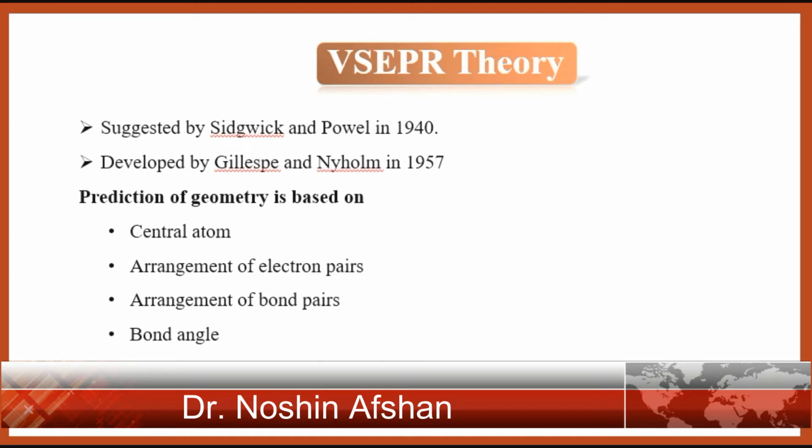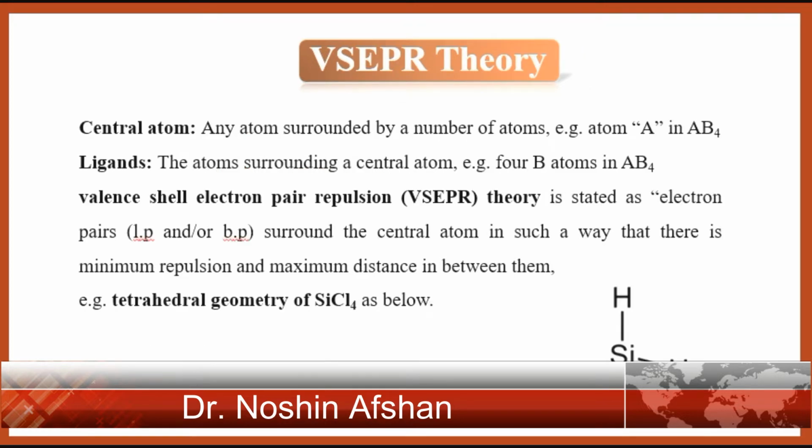So, on the basis of all these predictions, the geometry of a molecule can be estimated. So, in the next example, we will discuss how we determine all these points and make them applicable for the prediction of the geometry of any molecule.